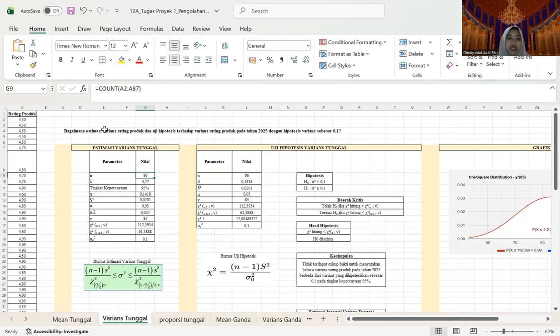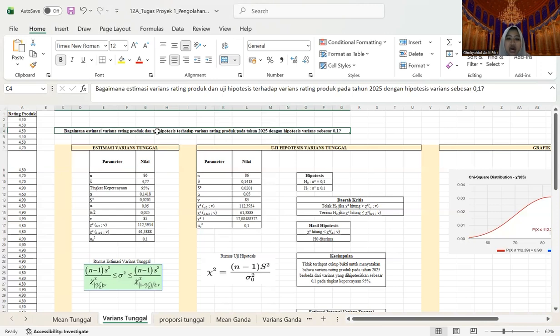Now let's move to our objective. Our objective is to estimate the variance of product ratings and conduct a hypothesis test on the variance of product ratings in 2025, assuming a hypothesis variance of 0.1.